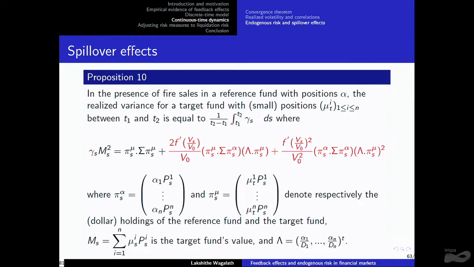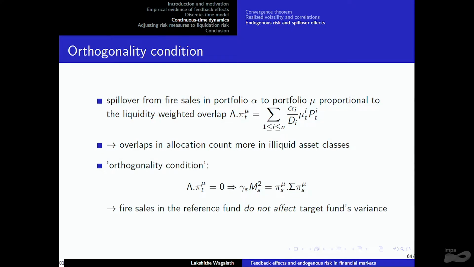And this time, the shape of this indirect contagion is more subtle. If you look at that, the indirect contagion will depend on a factor, a scalar product here, lambda times pi mu, which I wrote here, which is a scalar product of liquidated positions, as a function of asset liquidity, with the positions of fund mu.